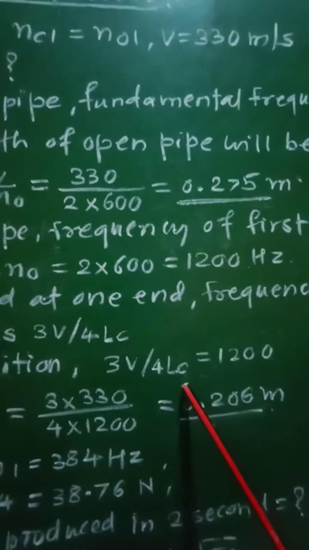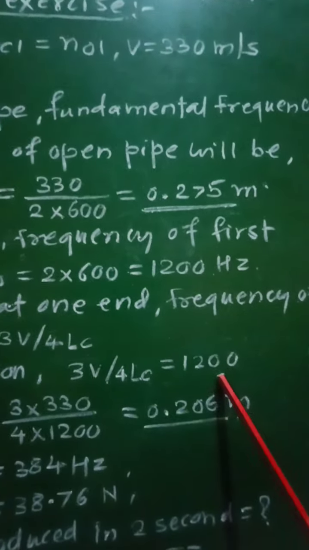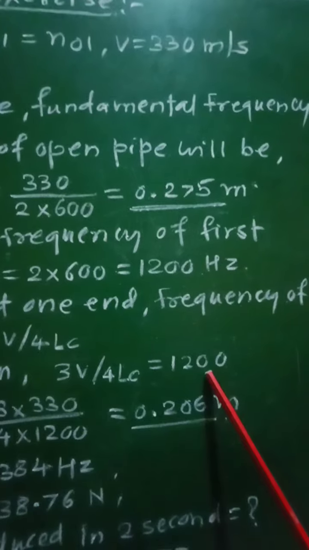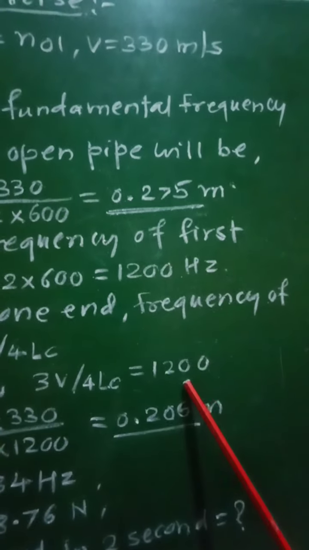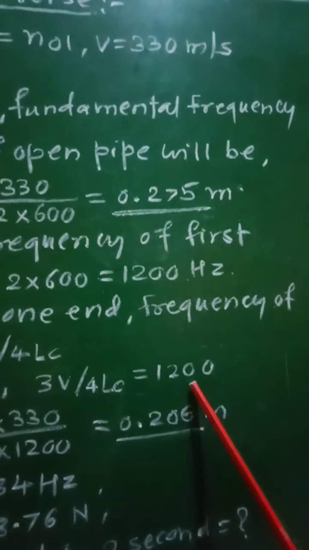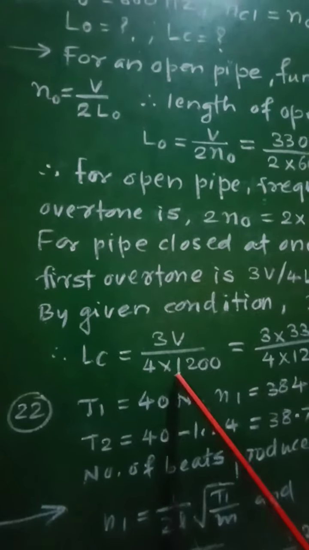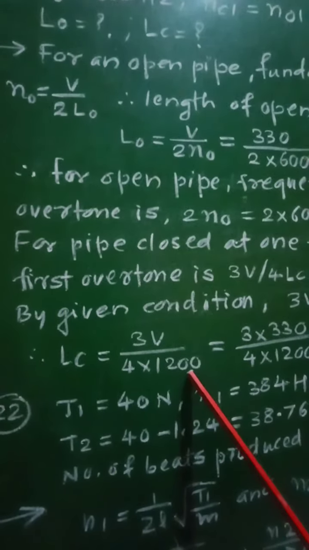3v by 4 LC must be equal to 1200. That is the frequency for the first overtone in the case of the open pipe, and therefore we can write LC equal to 3v upon 4 into 1200.